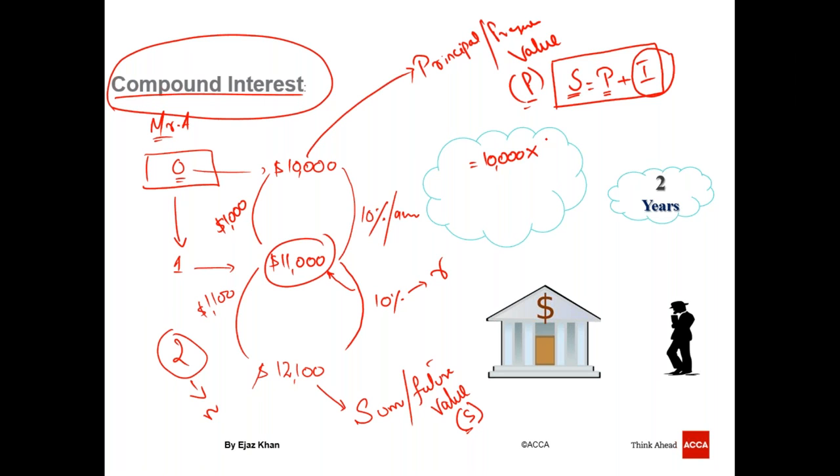Simply, if we multiply this 10,000 by 1.1, we'll get 11,000. And if we multiply it with 1.1 again, we'll get 12,100. That is the sum after 2 years. So it means that we can multiply 10,000 by 1.1 raised to the power 2 because we have to find out the sum after the end of year 2.